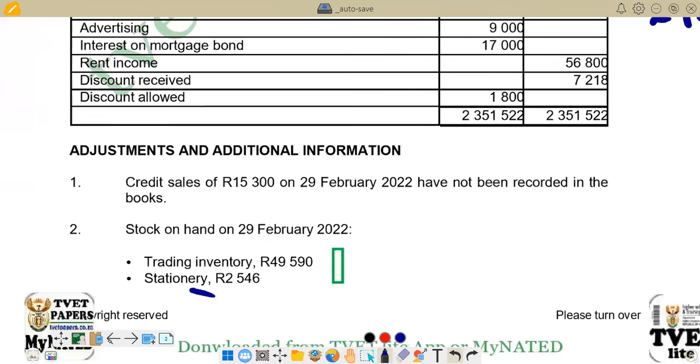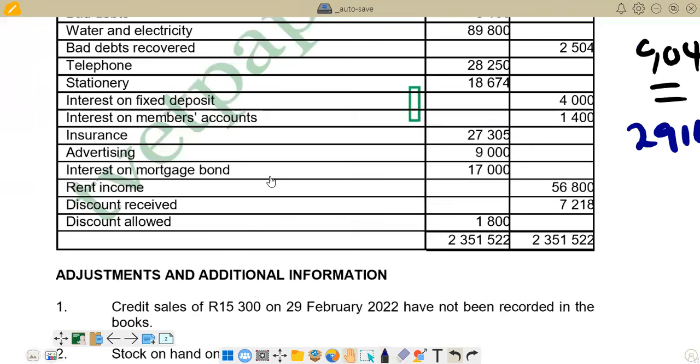So the next one, just beneath stationery, we have interest on fixed deposits, 4,000. Remember this one we said we are going to adjust after operating profit. Then we have interest on members' accounts. We also adjust it under operating profit.